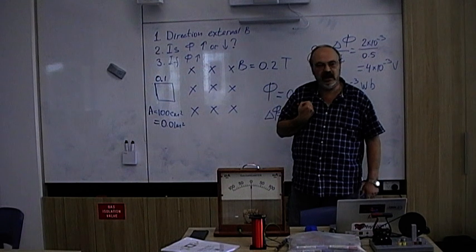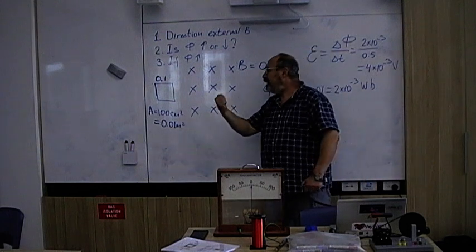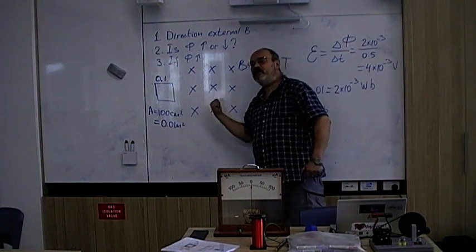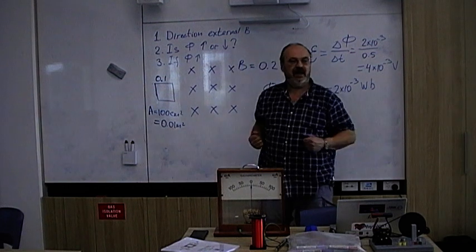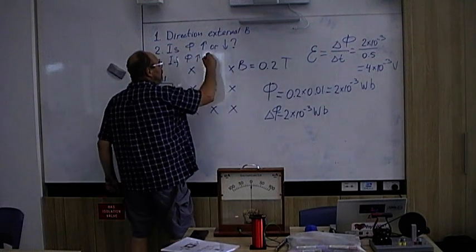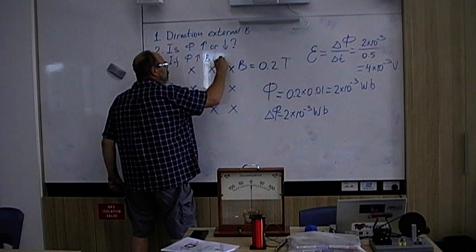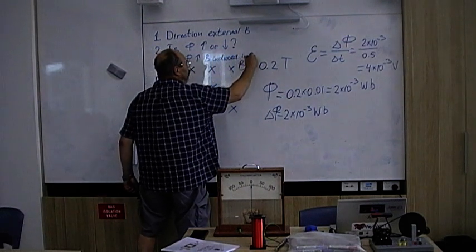So in which direction should the magnetic field created by the induced current be? What will be the direction of the induced magnetic field? In the opposite direction. If we have a field into the board and increasing, we can oppose it by acting the opposite way, out of the page. So if flux is increasing, the induced field is in the opposite direction.